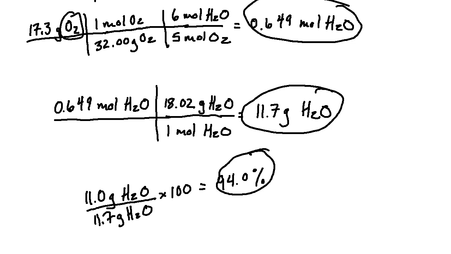So the next step is find the limiting reactant. We find the limiting reactant by taking the grams of each reactant present, converting it to moles, and then using a mole-to-mole ratio found in the balanced equation in order to find moles of product to moles of product. And that's where we make the comparison and the official call on the limiting reactant.